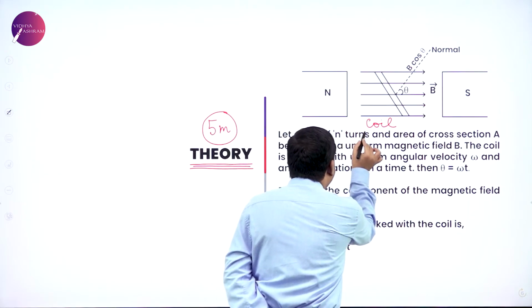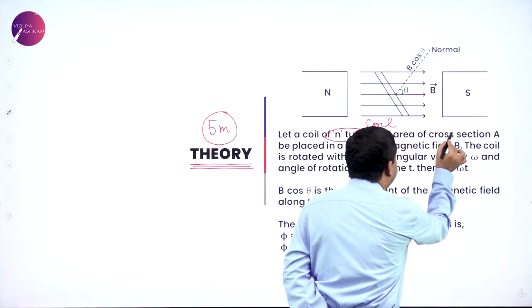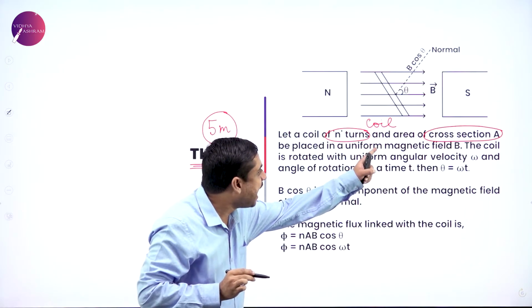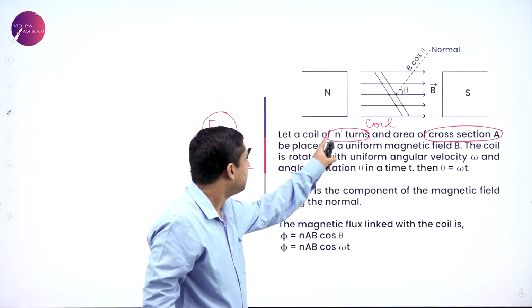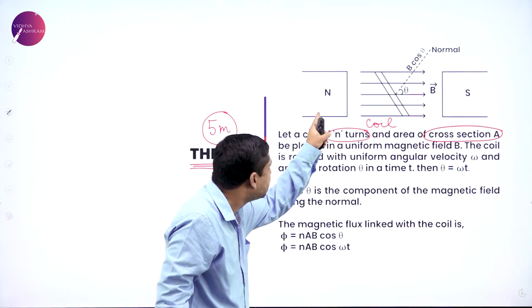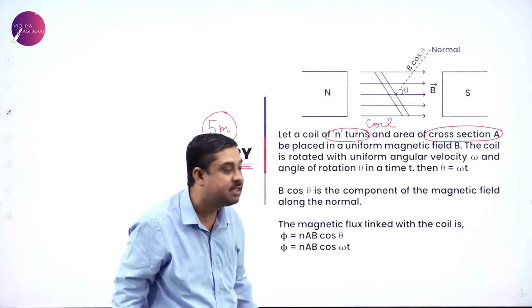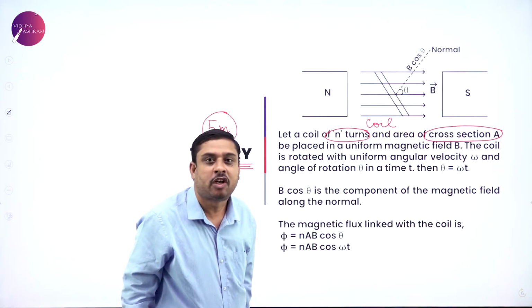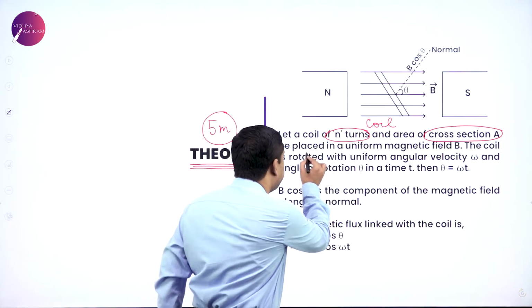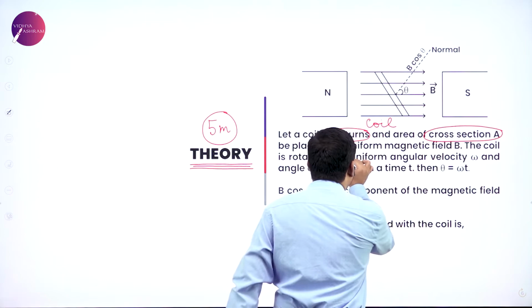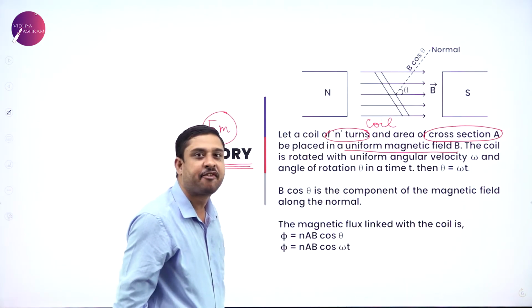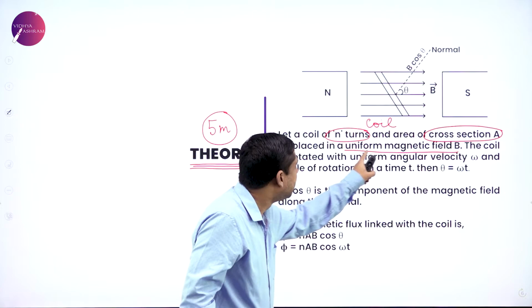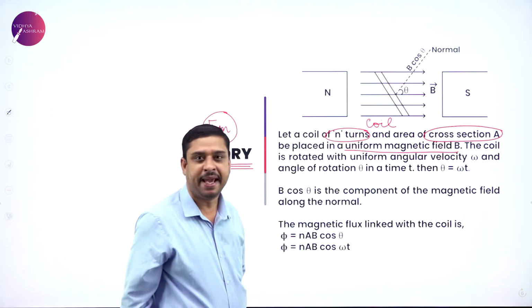Therefore, let a coil of N turns and cross-sectional area A be placed in a uniform magnetic field B. So the strength of the magnetic field is B.